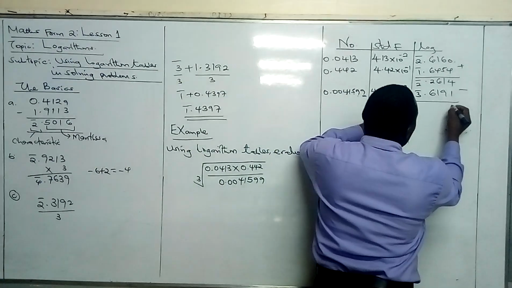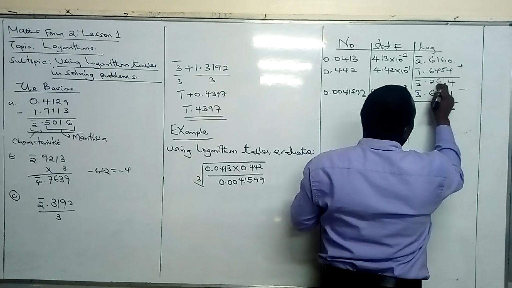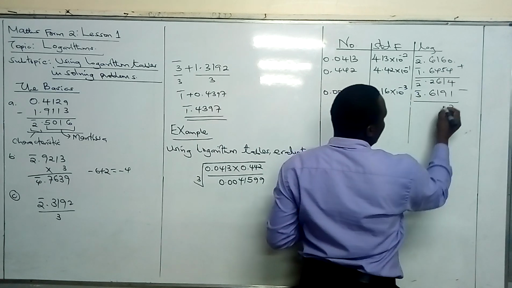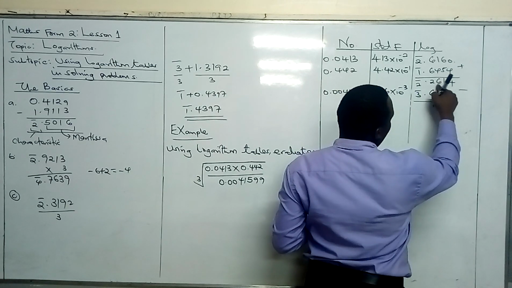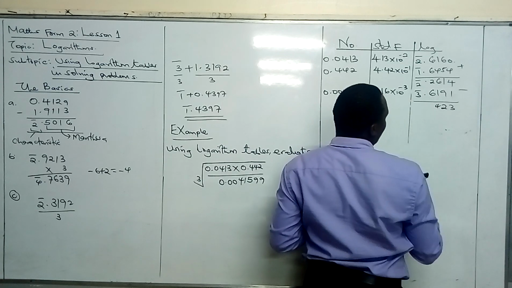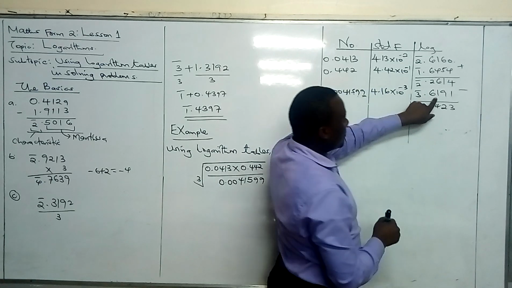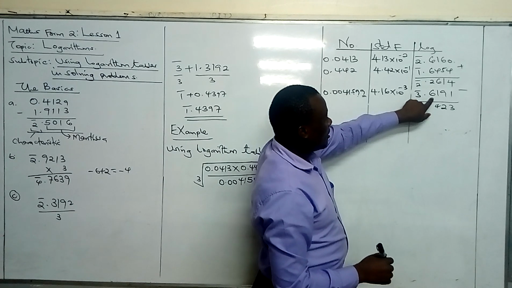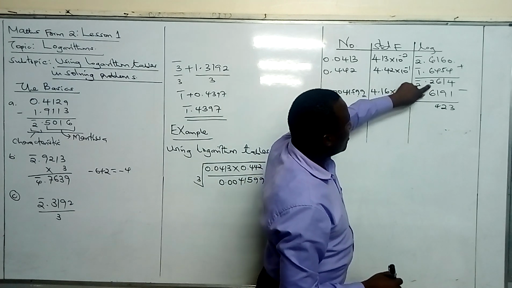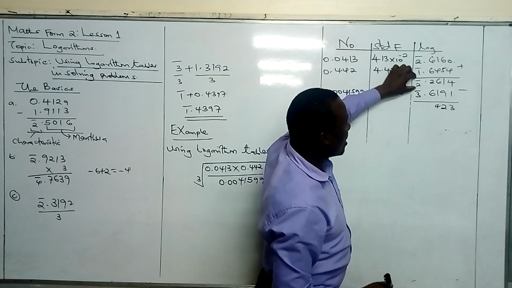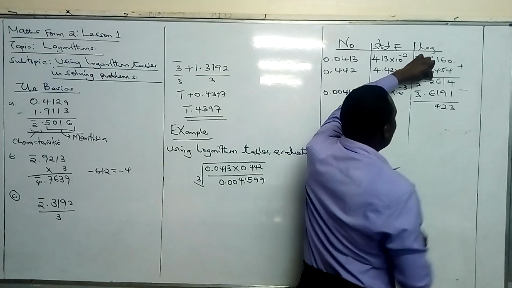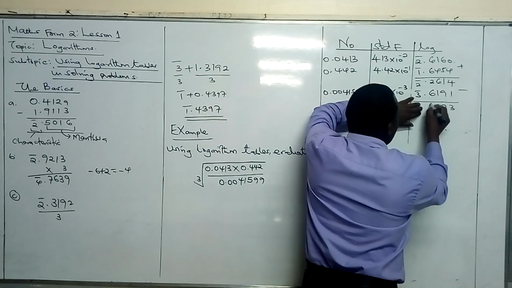Therefore, this will give us 3. Then we put 1 here, it becomes 11, which is 2. It remains 5, it will be 4 in that case. Then we have 6, which is supposed to be taken away from 2, which is not possible. So we put 1 from minus 2, it will be 12. 12 minus 6 is 6.